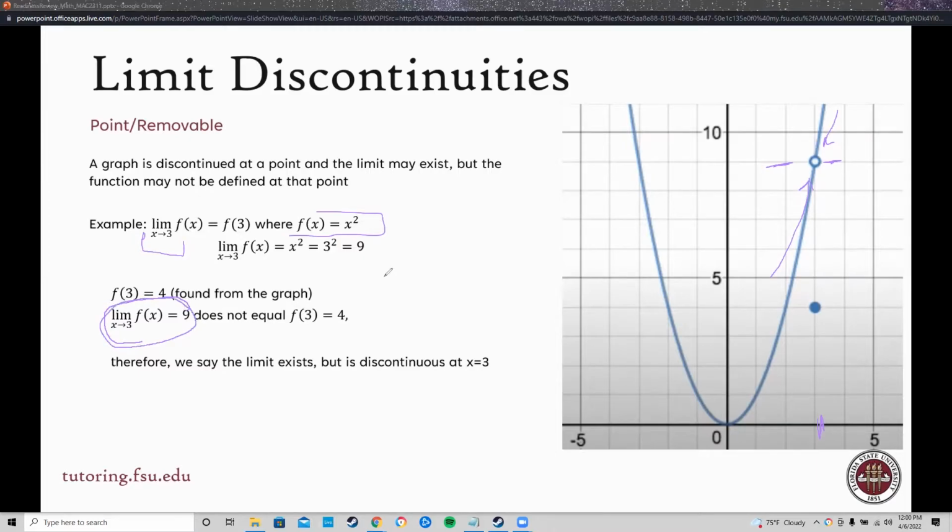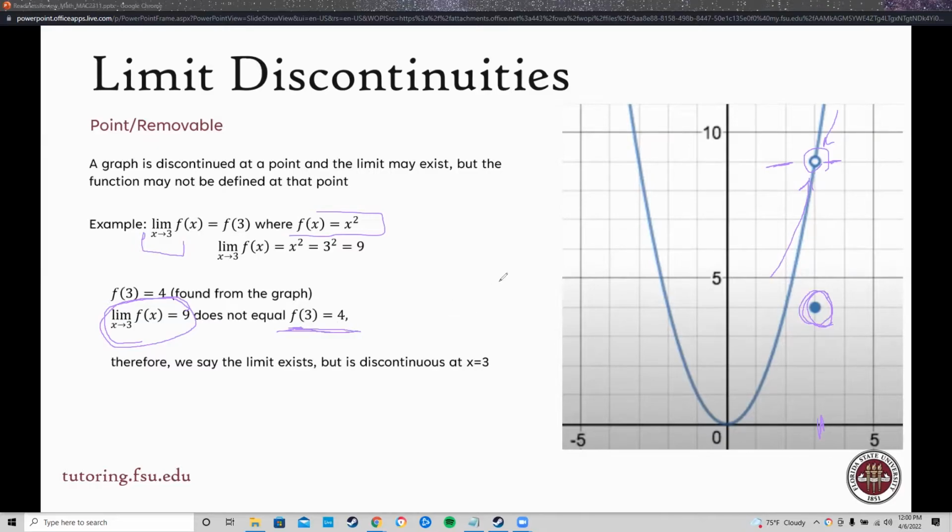However, because of this hole here and this point specified down here, whenever we're asked what f of 3 is equal to, we actually need to specify that f of 3 is equal to this point down here, which is equal to 4.